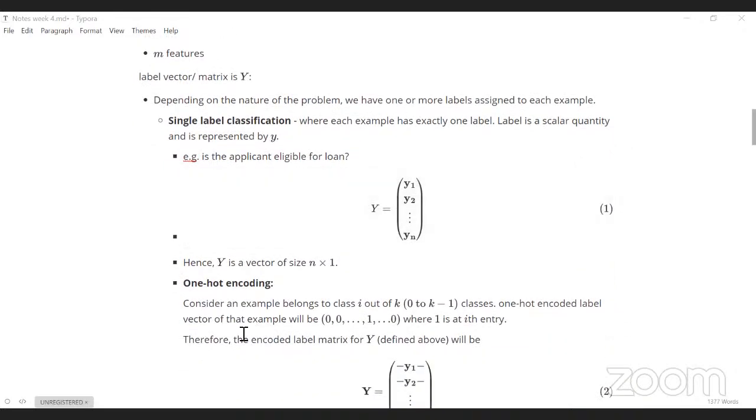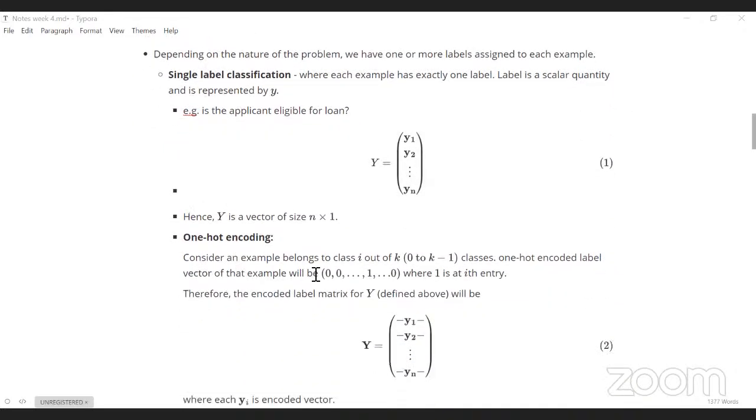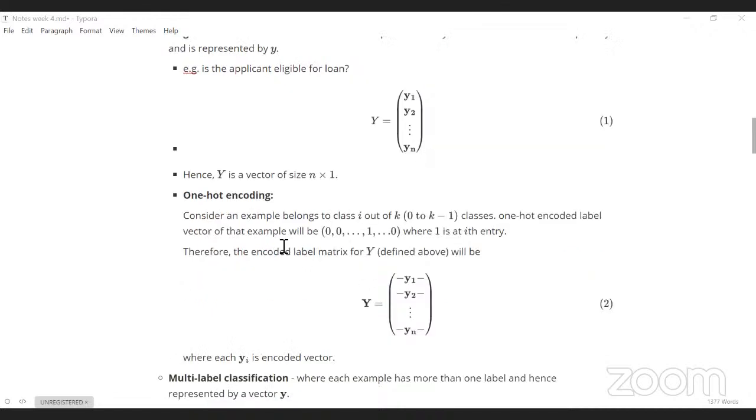So what is one-hot encoding? When we do one-hot encoding, let's say you consider an example which belongs to class i. There are k classes, and that example belongs to class i. So for that particular example, the one-hot encoding is just a vector whose ith entry is 1 and all other entries are 0. So it is the one-hot encoding of that particular example.